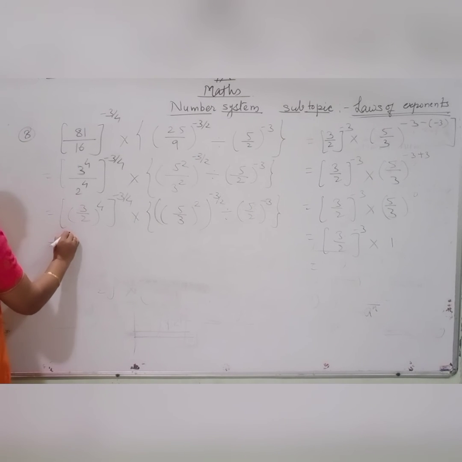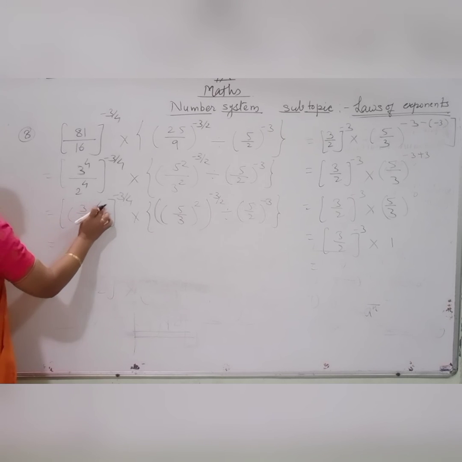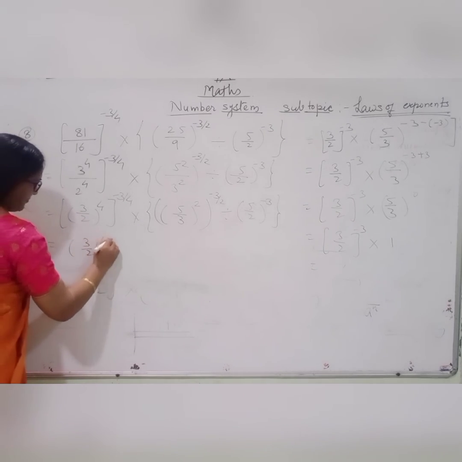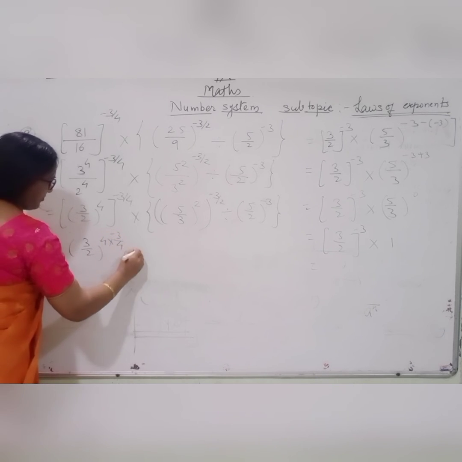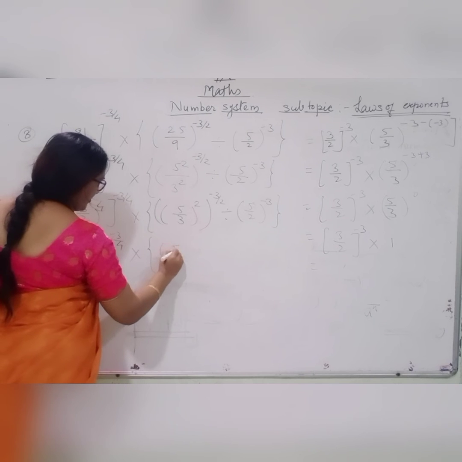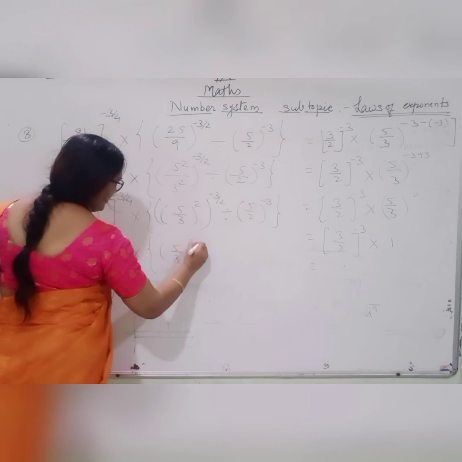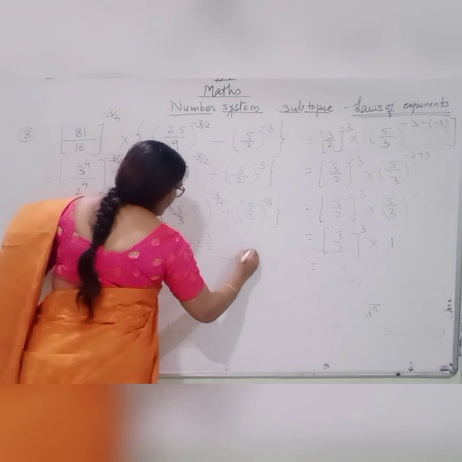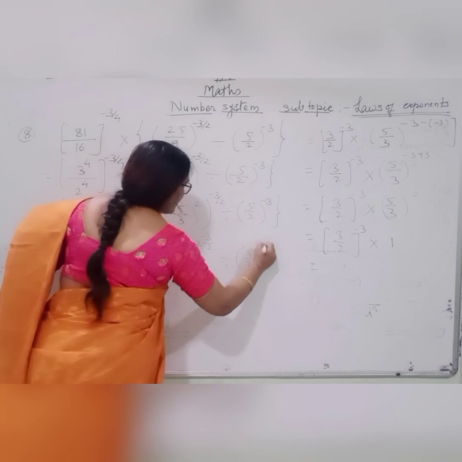अब देखो पावर का पावर हो तो पावर का मल्टीप्लिकेशन, 3 by 2, 4 multiplied by minus 3 by 4. अब यहाँ पे पावर का पावर हो तो पावर का मल्टीप्लिकेशन, 2 multiplied by minus 3 by 2, divided by 5 by 2 raised to the power minus 3.